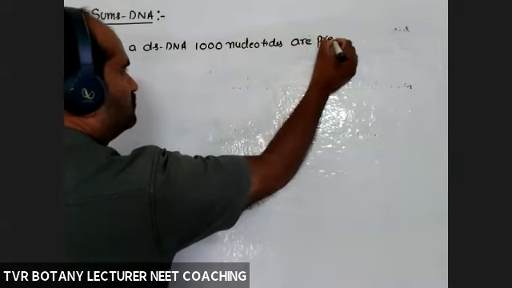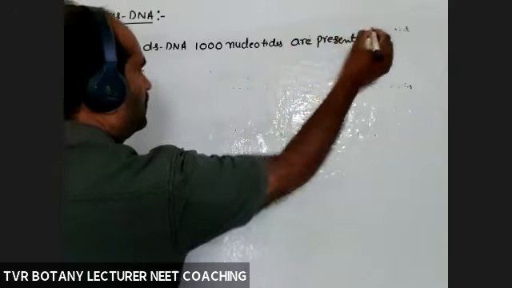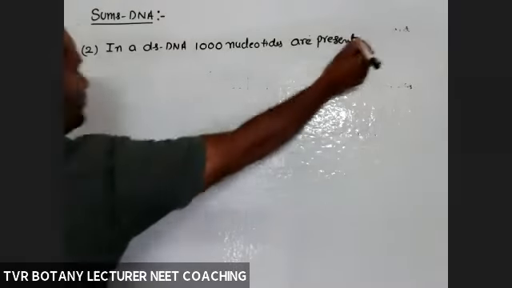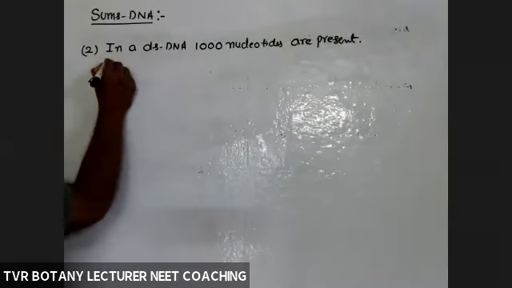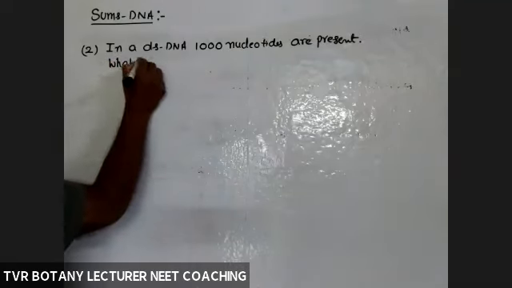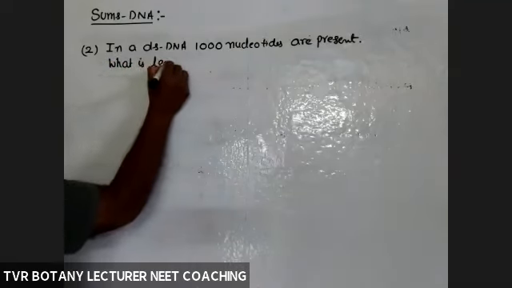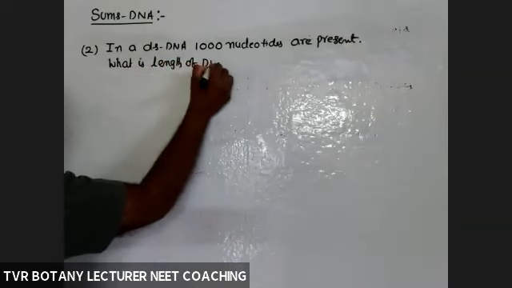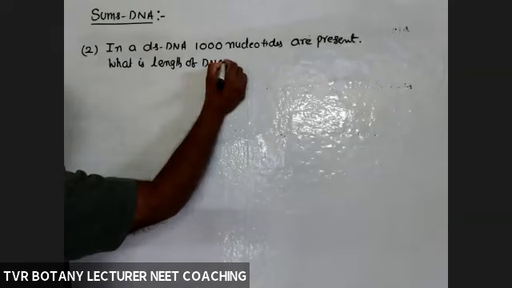So in a dsDNA, total number of nucleotides is 1000. Now, in that DNA molecule, what is the length of the DNA in angstroms?